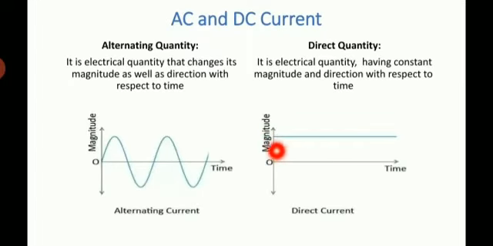As you can see, throughout the time the magnitude is constant. There is no change in the magnitude, there is no change in the direction. So it is a plus 5 volt DC. It is constant throughout the time and there is no change in the direction. So this is called a DC current or DC supply that does not change its magnitude as well as direction.